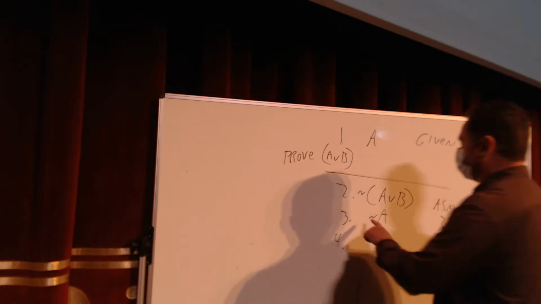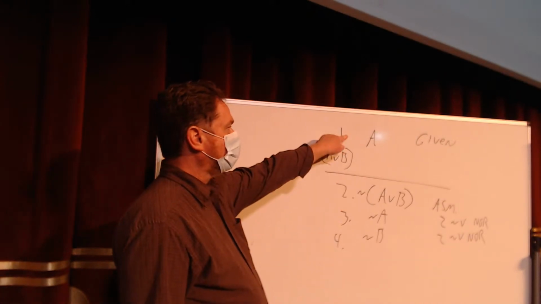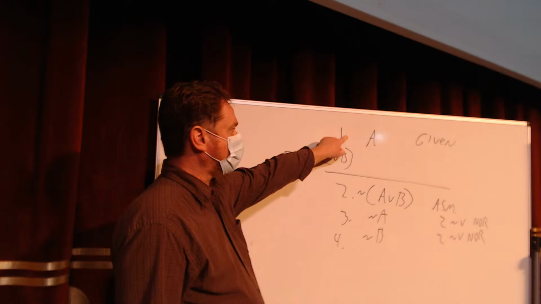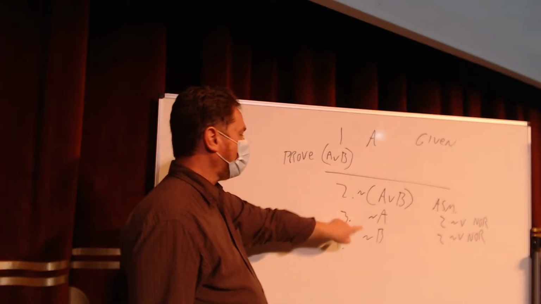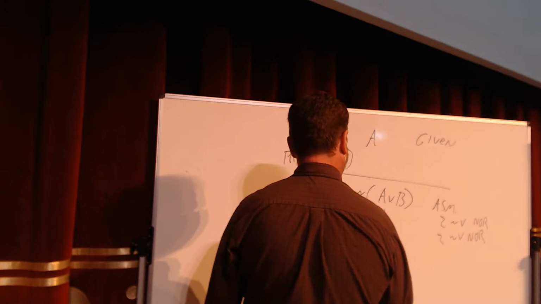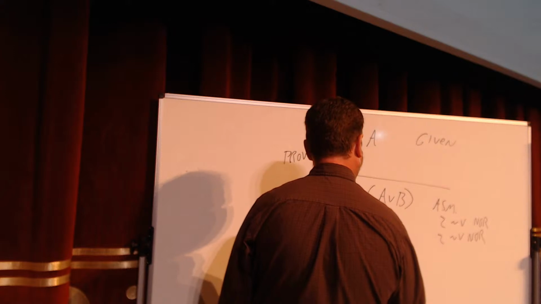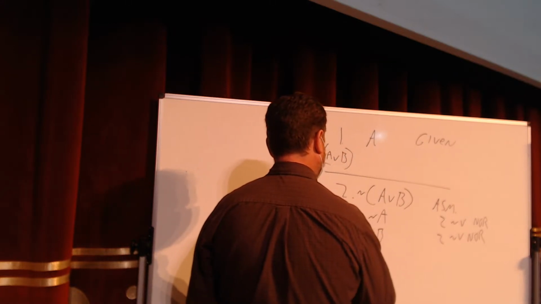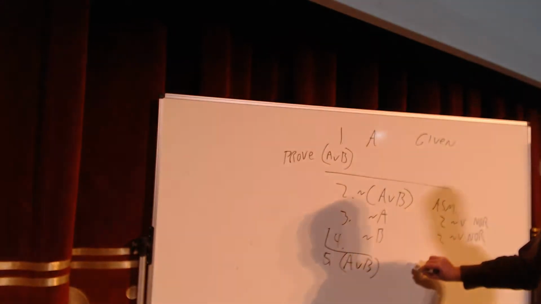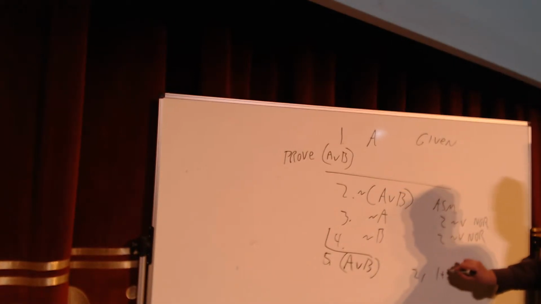And as soon as we write not A in statement 3, we then have a contradiction because we have A true in line 1, A false in line 3, and we can infer that either A or B must be true from line 2 because 1 and 3 contradict.